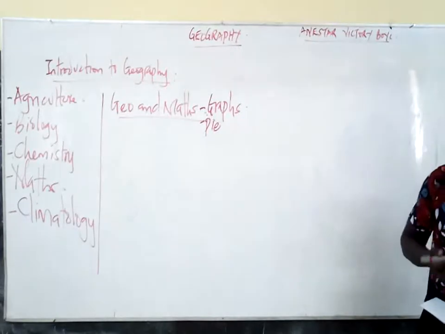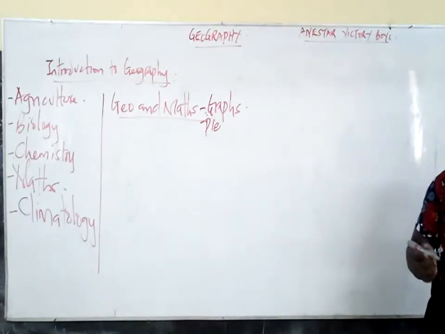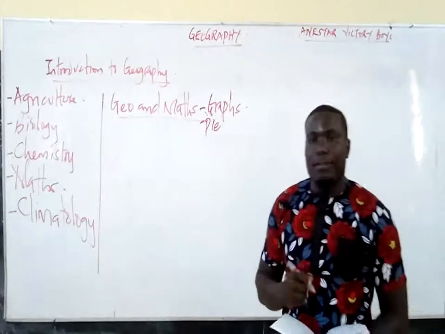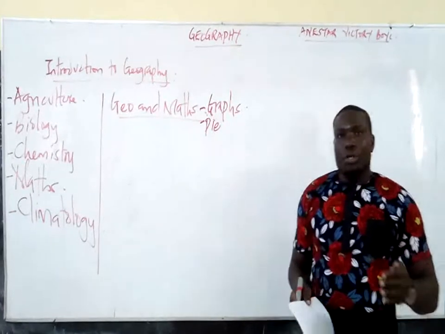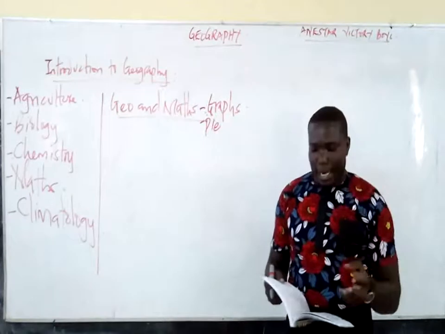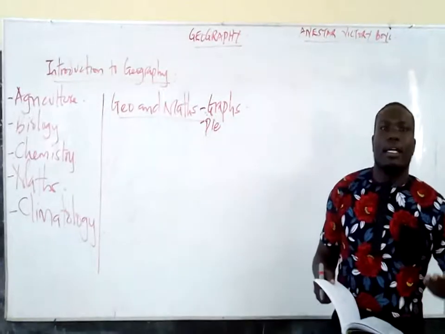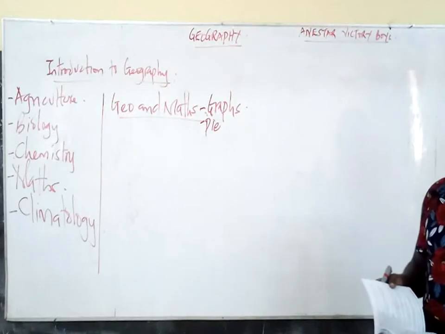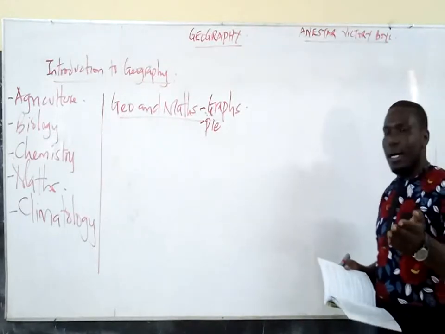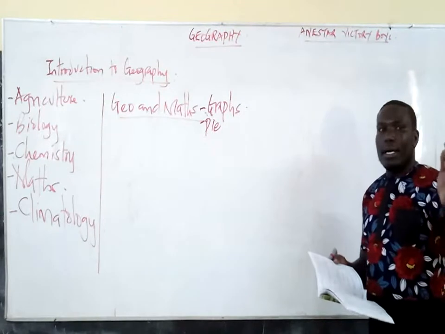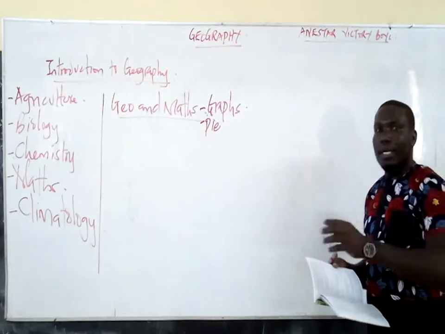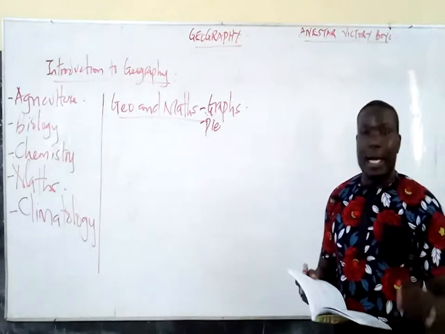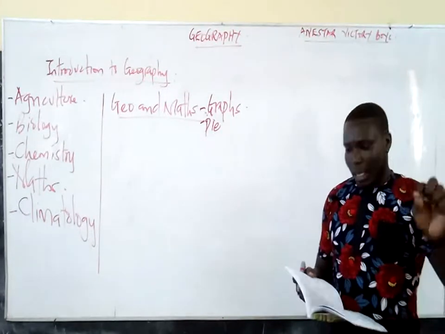When we come to how math relates to geography, we are looking at mathematics applying the geographical knowledge when you talk of direction and bearing to calculate the distances around the globe. So if you want to cover distance right from station A to station B, you have to calculate the bearing and also the direction from the two points.